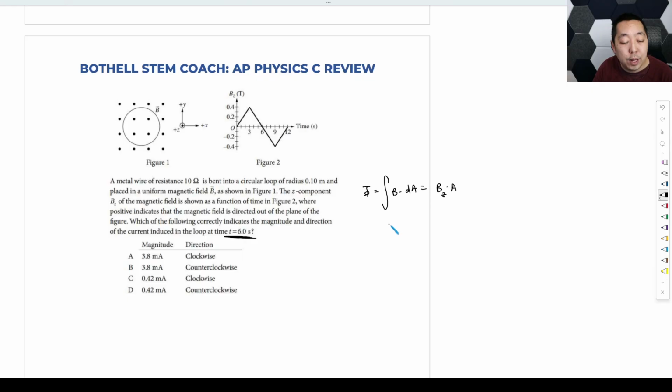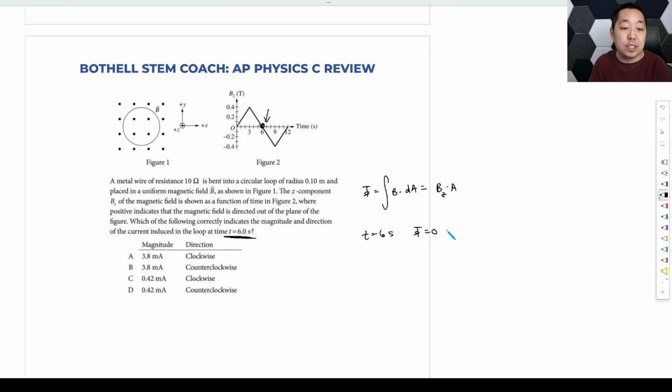Now what we want to talk about is how the flux is changing. So if we're looking at 6 seconds, we're at this point right here. How is the flux changing? Well, right now we have zero flux because the magnetic field is 0 at this point. So at t equals 6 seconds, the flux is 0. That doesn't mean the induced EMF is 0.